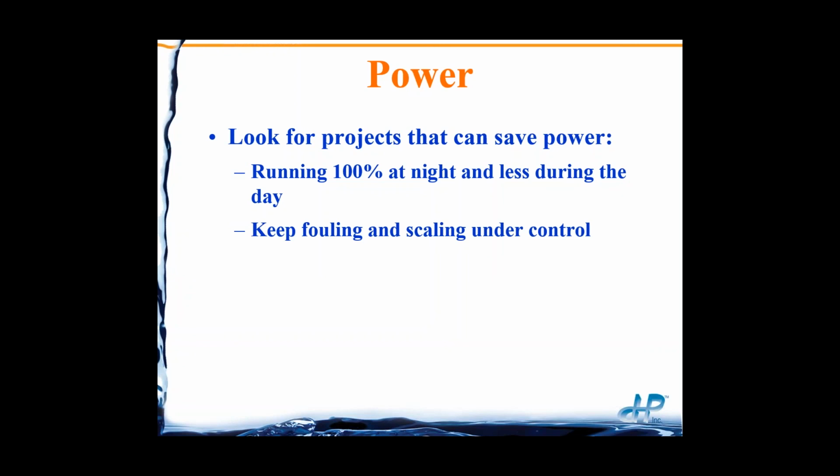And another thing that you might not think of, but when you have problems such as fouling and scaling, that causes your pressures to go up, and that pressure really equates to power costs. So the more pressure you have to supply, the more you're paying for power.